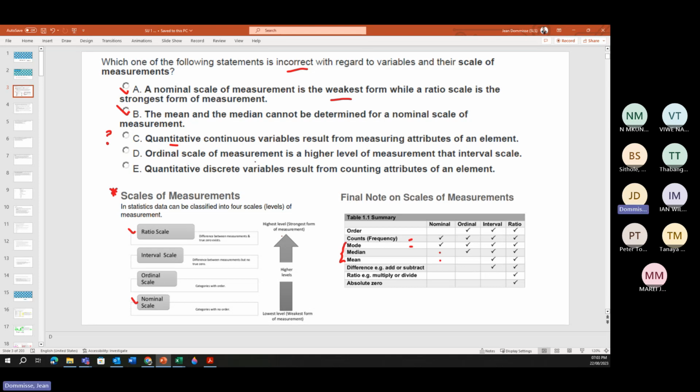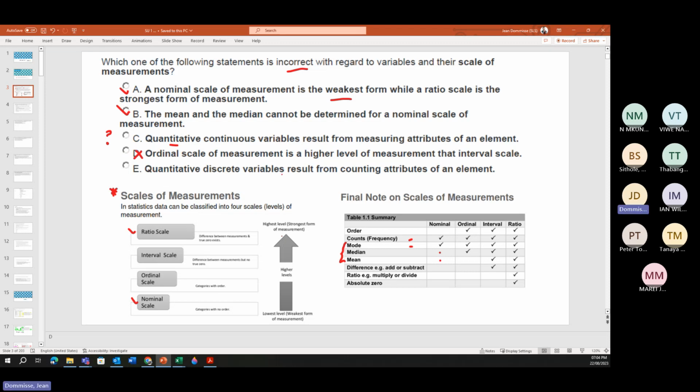Ordinal scale of measurement is higher than interval. Ordinal higher than interval? Nope. Interval is higher than ordinal. So that one is the incorrect one.